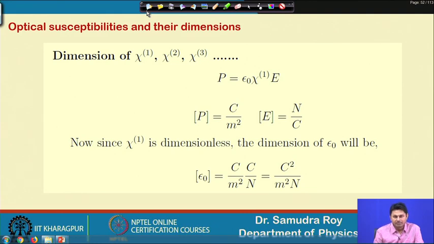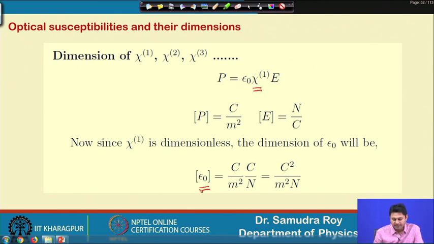So, now if I combine these two into this equation, then we can have the dimension of epsilon 0. Most of you may be aware of the epsilon 0 dimension, but to be very honest, I never remember all these terms very clearly. So, that is why I just cross verify and try to find out this dimension in a different way. Here we know that this is the dimensionless quantity.